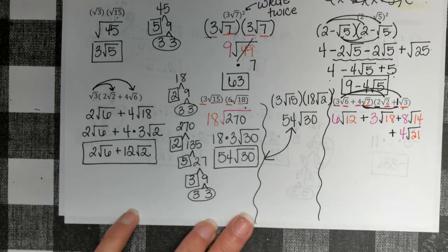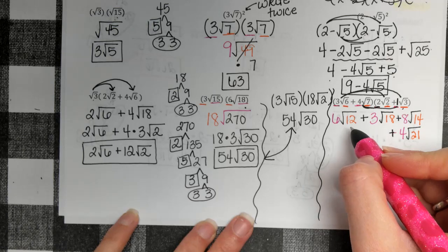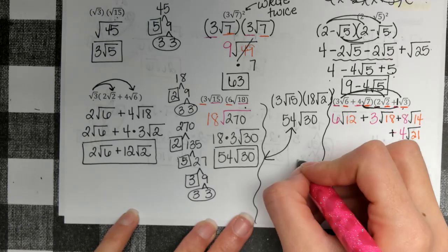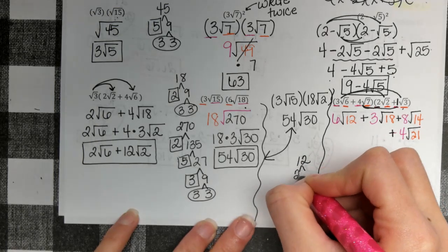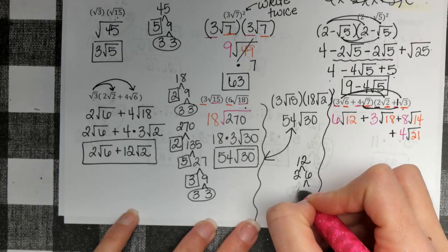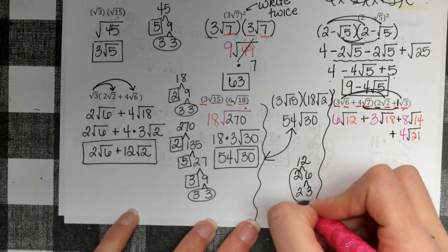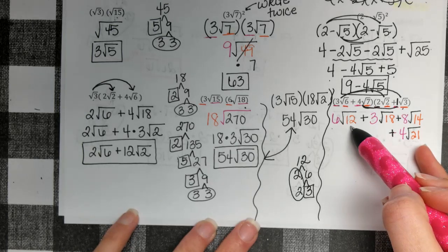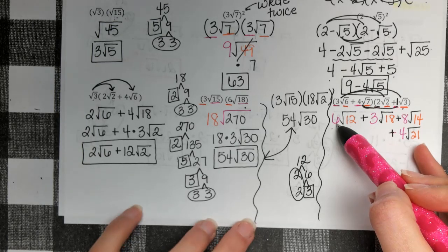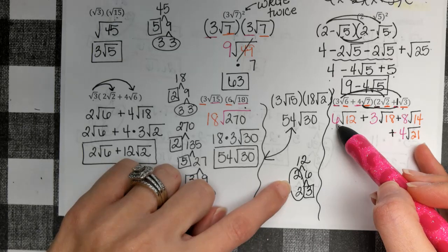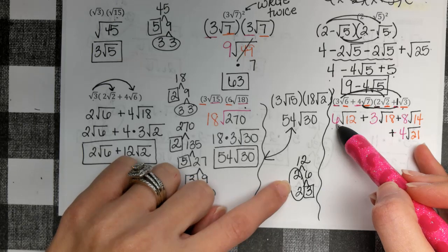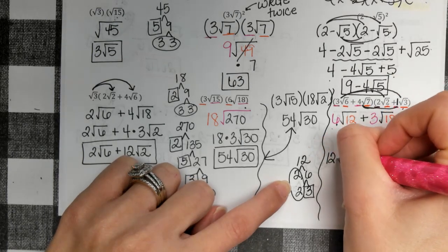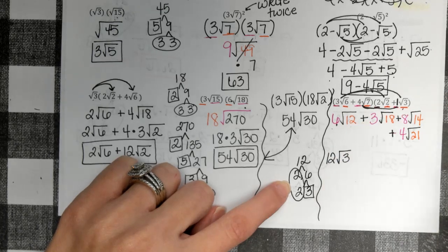Okay. 12, I can split. That's 2 and 6, which splits 2 and 3. So I've got 6 square root of 12. So that 6 times this 2 becomes what? 12 square root of 3.